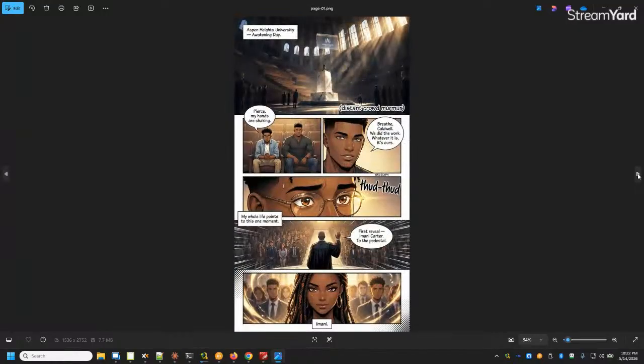Next page, and again, this is basically the story of a nerdy student. There's a love interest. His best friend is buff. He's an ally, not like a Vegeta to the kid's Goku or anything like that. They are best friends. They've been best friends for a while.